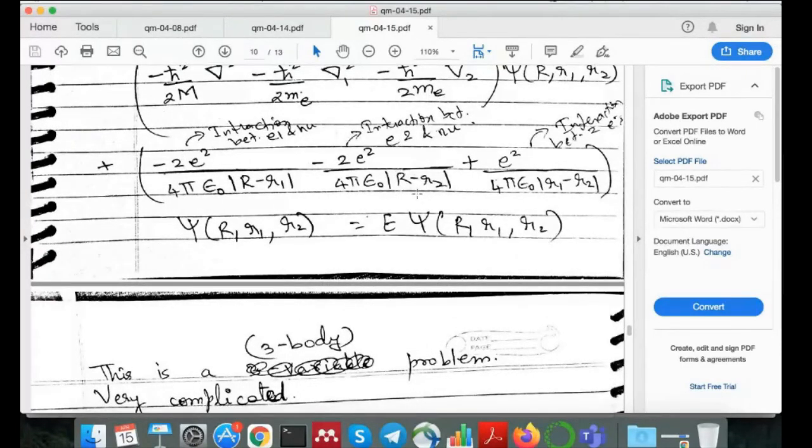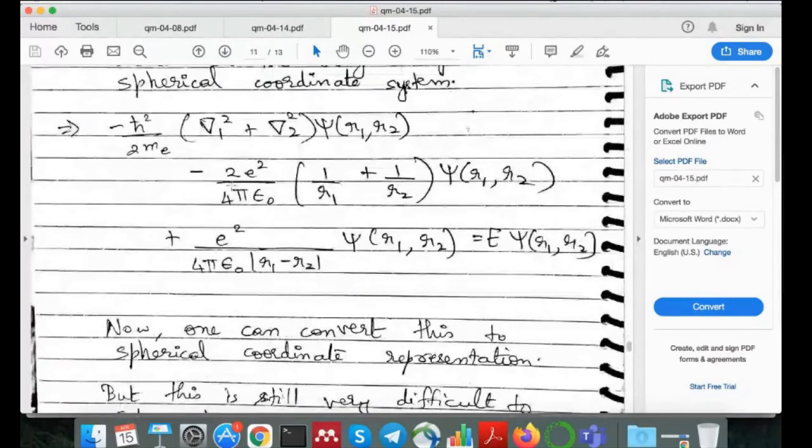So we have minus 2 e square by 4 pi epsilon naught into 1 by r1 plus 1 by r2, into psi, and plus the interaction between the two electrons that stays. That is just e square by 4 pi epsilon naught into the modulus of r1 minus r2, into psi, is equal to E psi. So this is your simplified Hamiltonian.